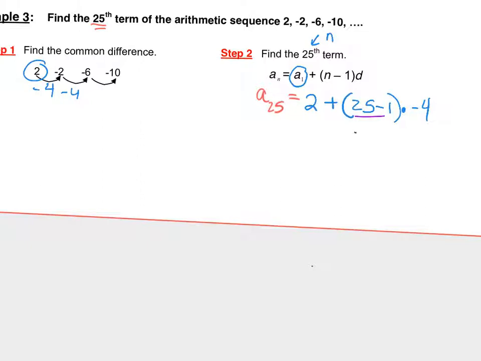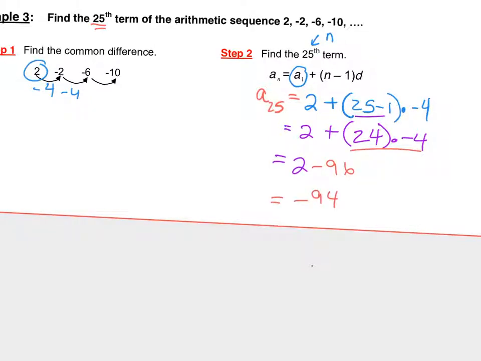Order of operations says you have to do what's in parentheses. That's 24. Then you have to multiply by negative 4, and then you add 2. So that's going to give me 2, and then 24 times negative 4 is negative 96. 2 minus 96 is negative 94.